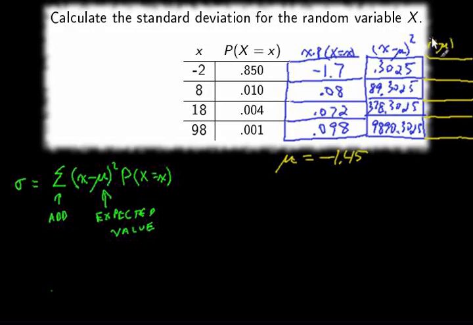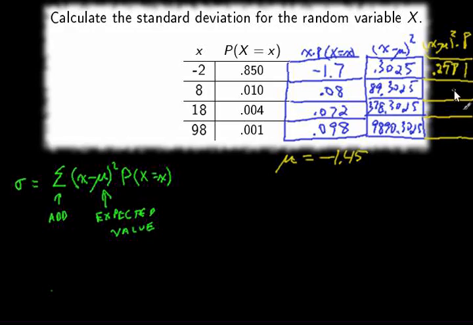That's x minus mu squared times p of x. So I take 0.3025 times 0.85, and that's 0.257125, but I'm going to round that to 4 digits: 0.2571.